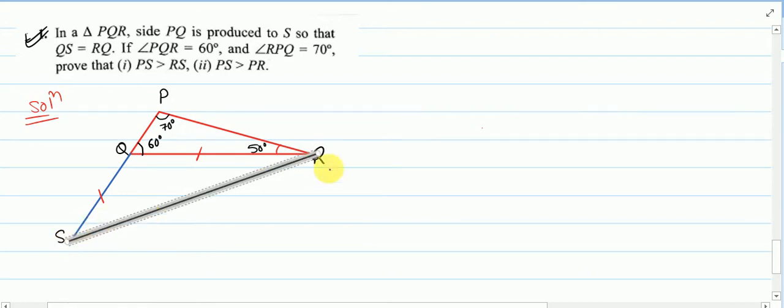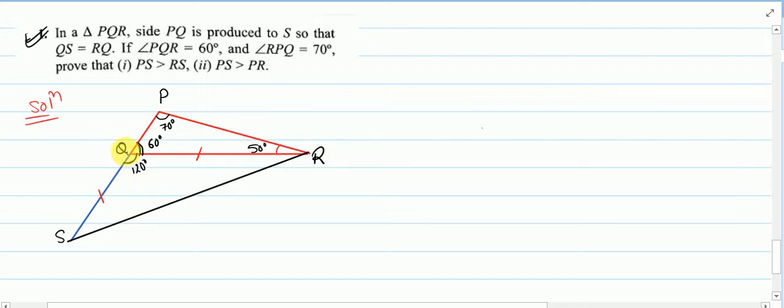So this is RS. Okay, so here you can see this angle is 60. Okay, therefore this will be 120.